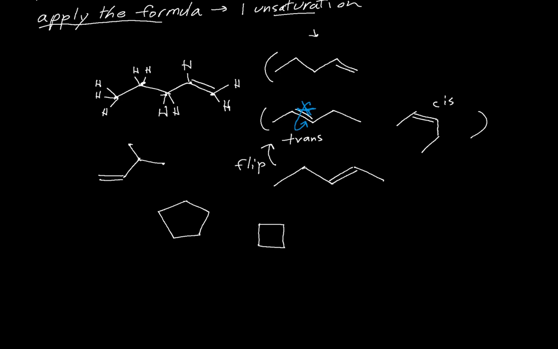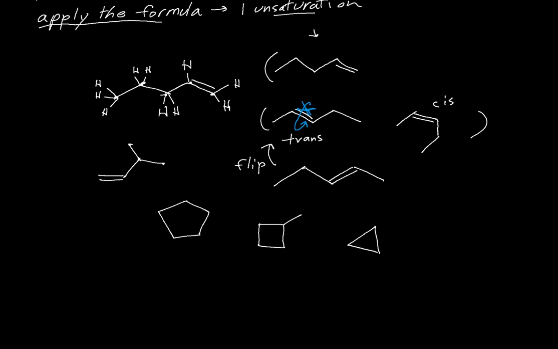Yet another is a 4-membered ring with a methyl group sticking off of it. And you can fill in the implied hydrogens on this to convince yourself that this is true. And we can go on and on like this. There's actually quite a lot of isomers of this.